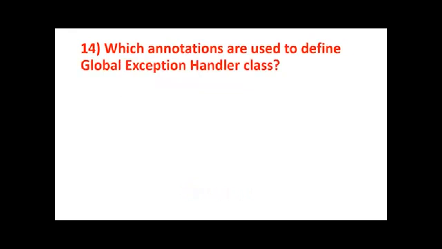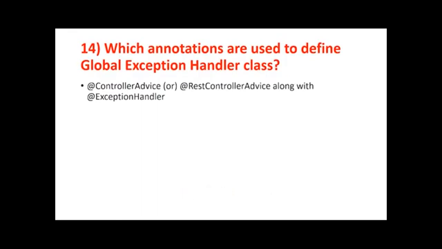Which annotations are used to define a global exception handler class? Here we use @ControllerAdvice or @RestControllerAdvice along with @ExceptionHandler. Generally we can use try-catch blocks, but when there are repeated try-catch blocks, I want to define the common exception handling in one place, so that I have generic exception handling code. If you're using Web MVC, use @ControllerAdvice.